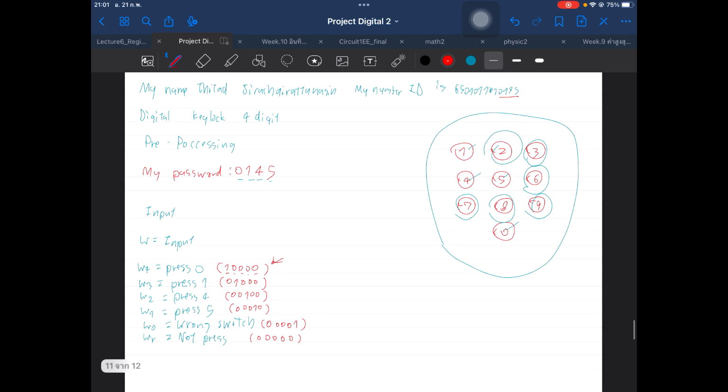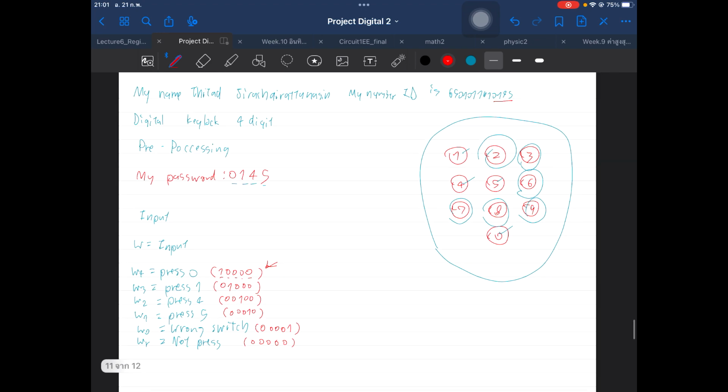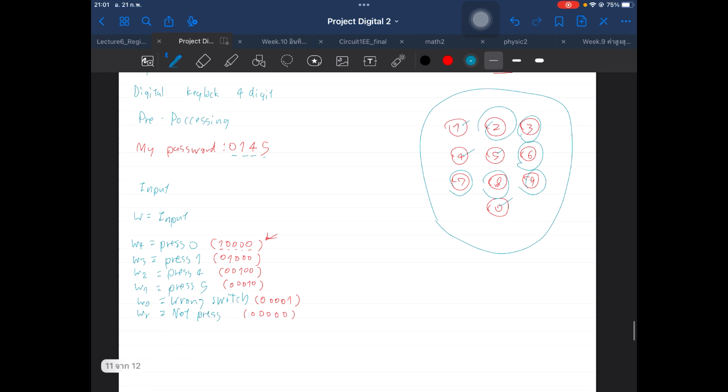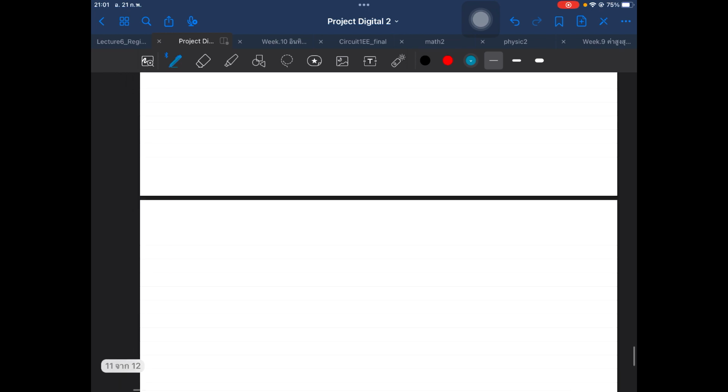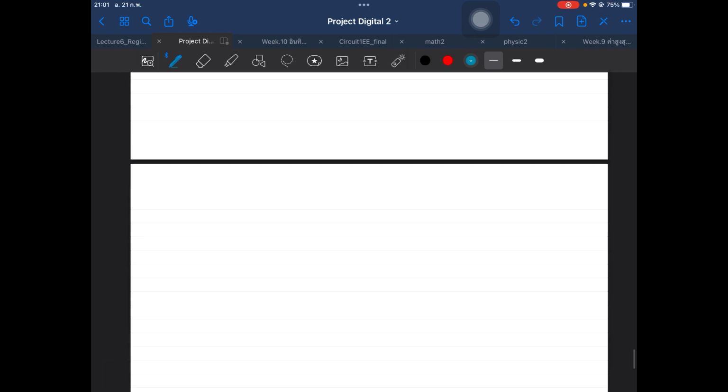And this is my pre-processing. Then we are going to talk about the state diagram. My password is 0, 1, 4, 5.